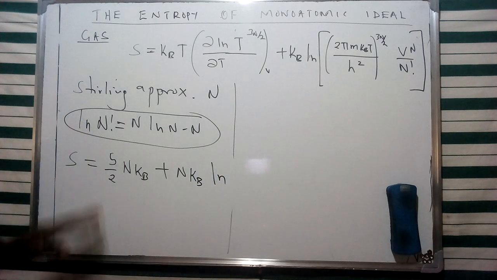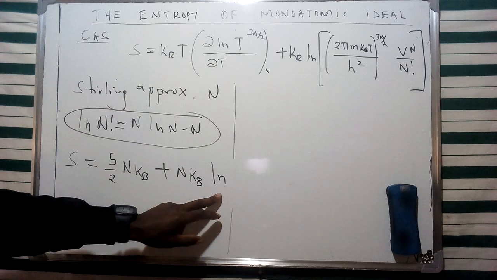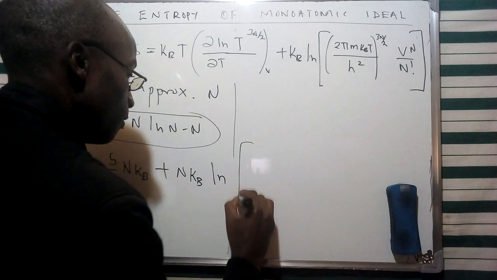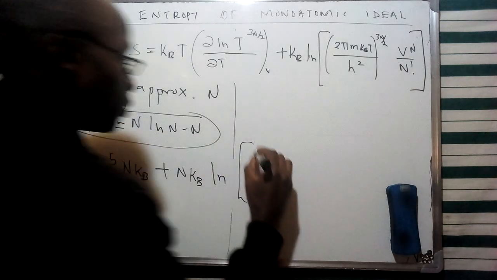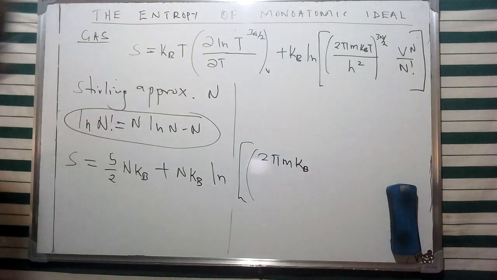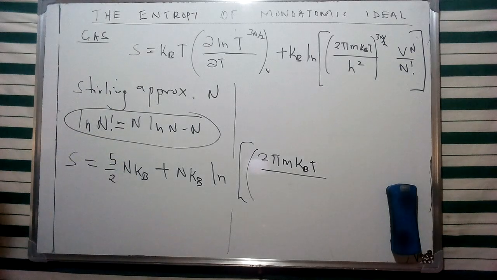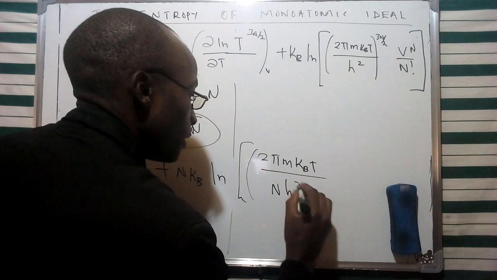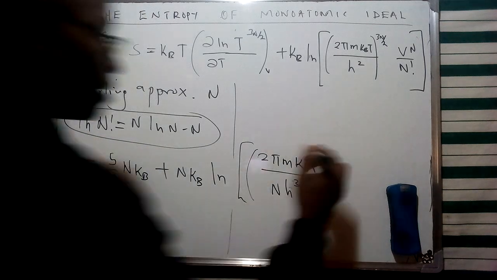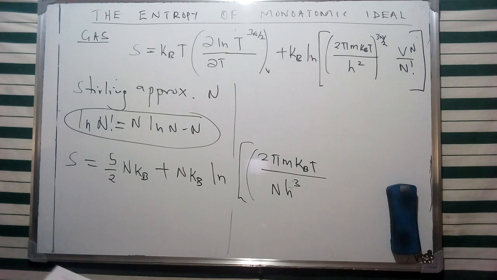So this is going to be 5/2 n kB, and this is going to be n kB times the natural logarithm of this second part, which we're going to give as 2 pi m kB T all over n h, so this is going to be Planck's constant to the power of 3.